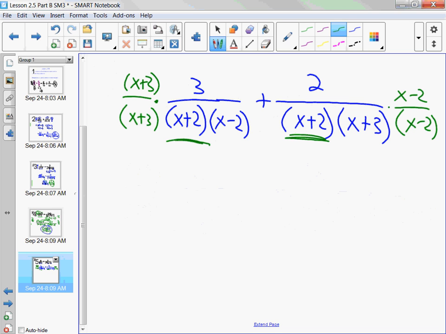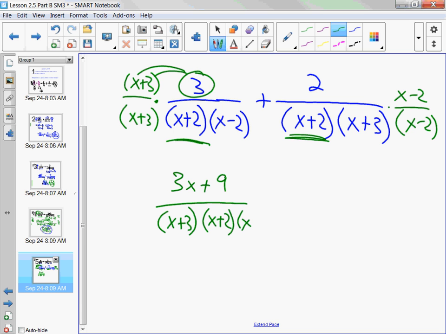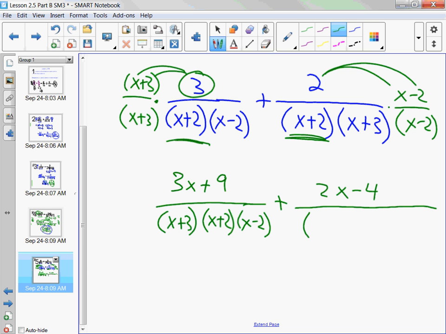So if I distribute this 3 to x plus 3, we get 3x plus 9 all over the common denominator, x plus 3 times x plus 2 times x minus 2. Plus, if I distribute the 2 to both of these, I get 2x minus 4 over the common denominator. I'm going to put it in the same order as the one on the left: x plus 3 times x plus 2 times x minus 2.